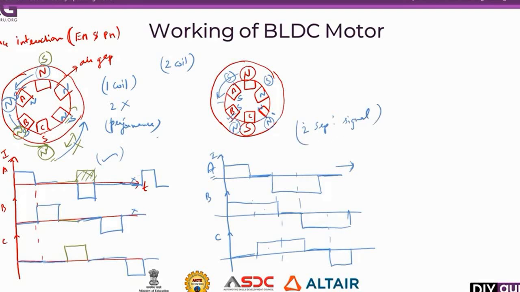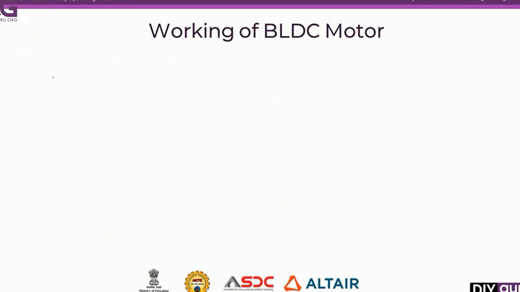So some modification must be done in the stator coils, so that this performance can be obtained with single coil energization. Now we will see the slight modification in the previous motor construction.